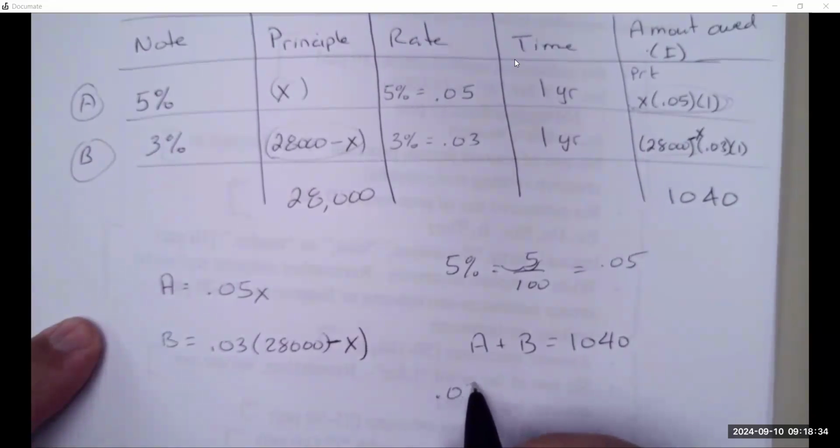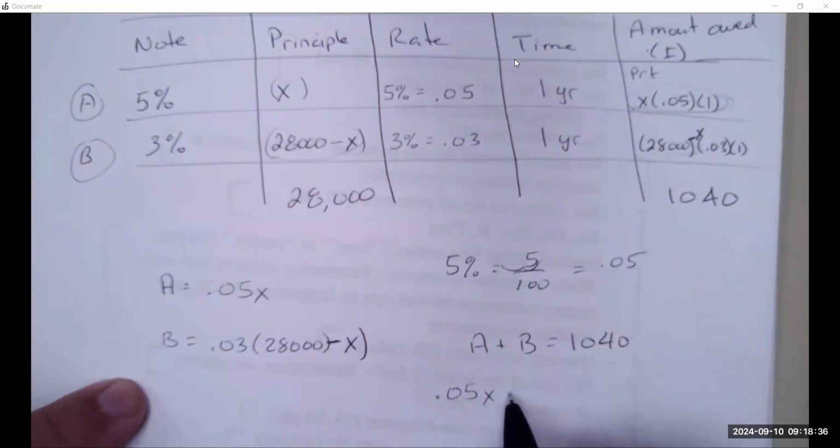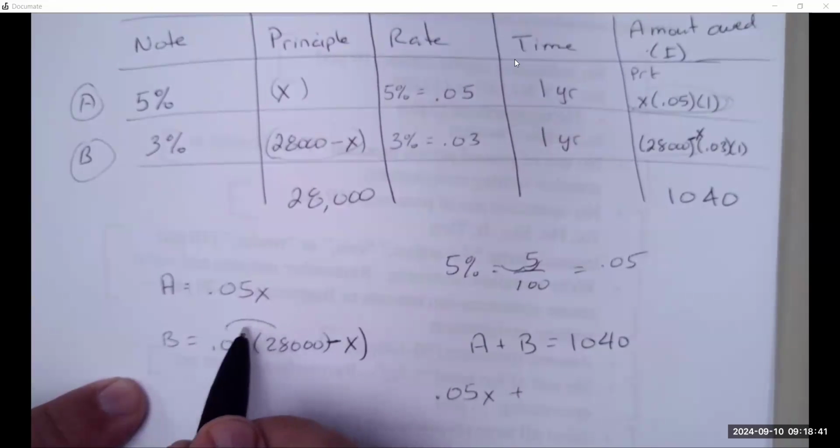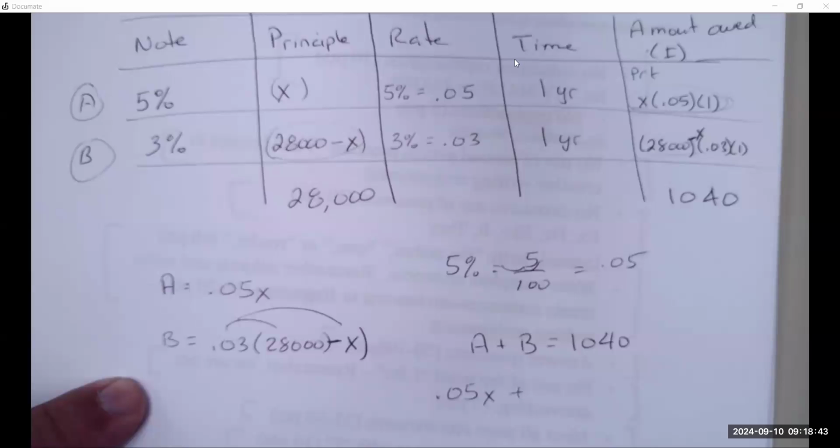So it's 0.05 X plus, we could distribute those. So 0.03 times 28,000 minus 0.03 X. Since we have two decimal places, we can get rid of two zeros.